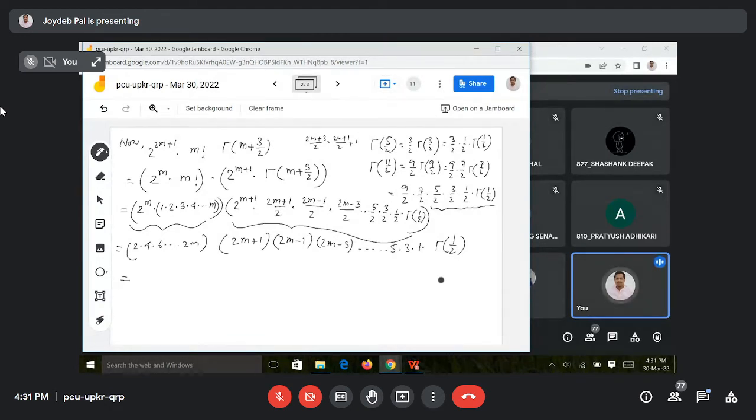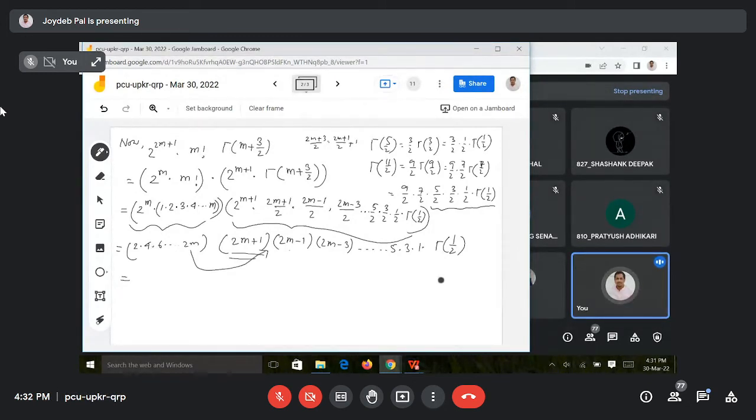Okay. So here, now if you arrange these values in descending order or ascending order, then the values will be like that. Now, the maximum value is 2m plus 1. Then 2m. Then 2m minus 1.